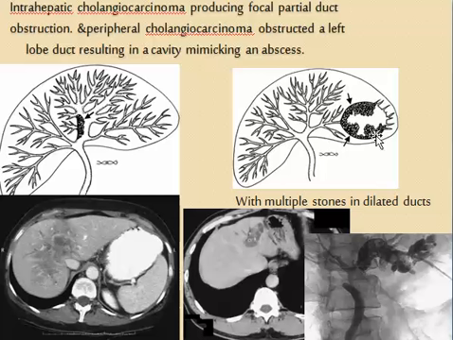This is an intrahepatic cholangiocarcinoma of one of the biliary radicals. It's called peripheral cholangiocarcinoma, which is obscured by the left lobe duct.